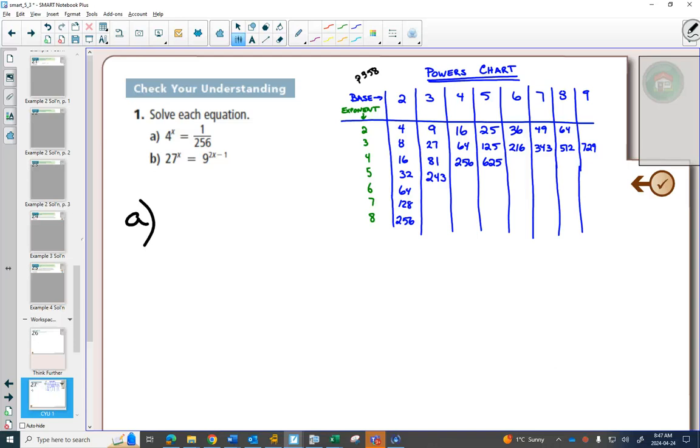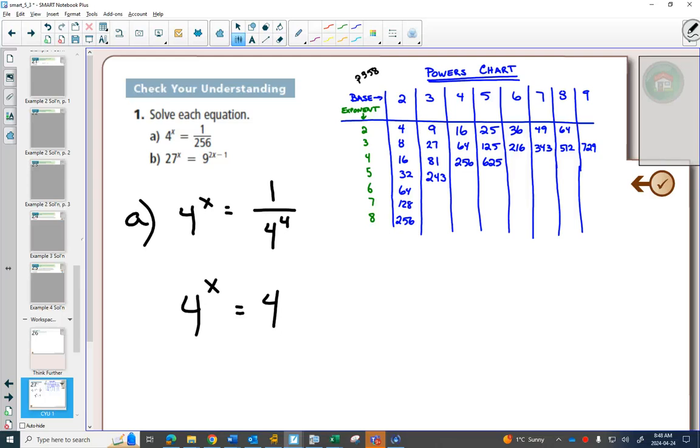So what we're going to do is, step 1, we're going to change that 256, because it is 4 to the exponent 4, we're going to change it to 4 to the exponent 4. And now we're very close, but our goal is that on this side, we have 4 to something, which we already do, but we also want this side as 4 to an exponent. And if we can get both sides as a single power with the same base, then the exponents have to be equal.